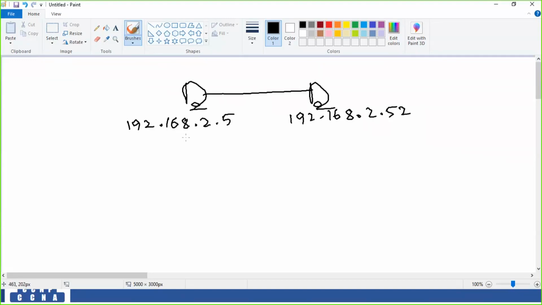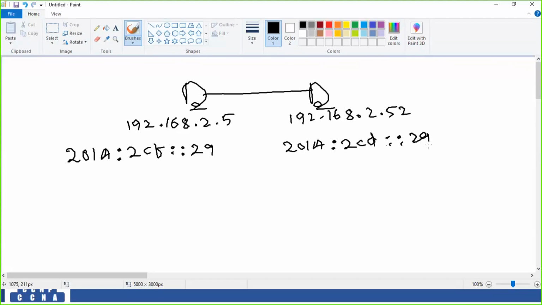Actually, this is not my question, because we have discussed this logic in a lot of examples from yesterday until today. My question is this: the first computer IP address is 201A:2CF::29. The second computer IP address is 201A:2CD::29.